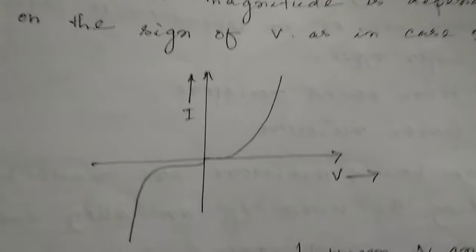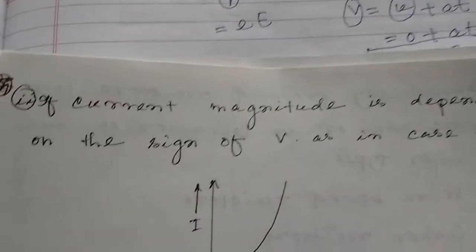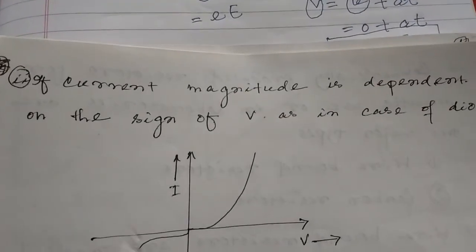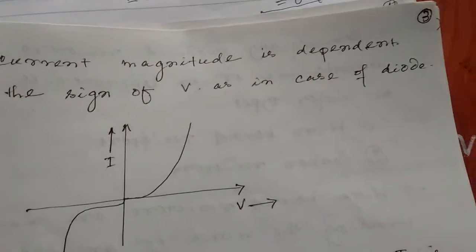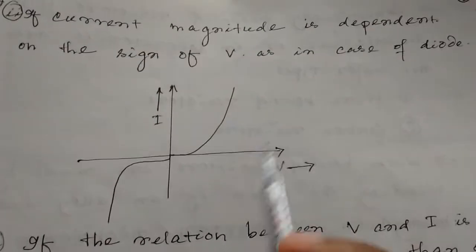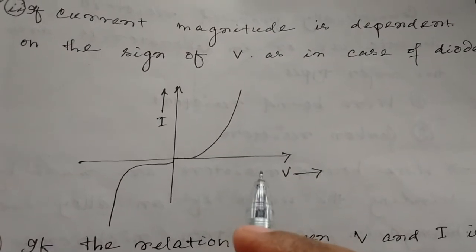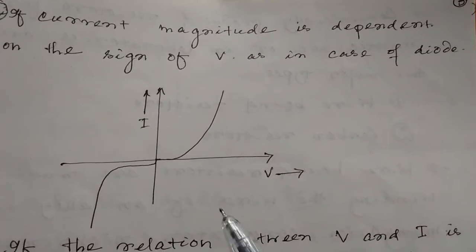Let us consider the second limitation. This is a very interesting characteristic you will study in the last chapter, the semiconductor chapter. Current magnitude is dependent on the sign of V, as in case of a diode. A diode is a device, you will study it in the last chapter.